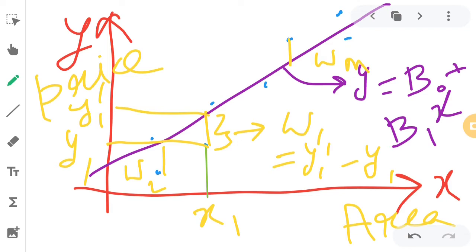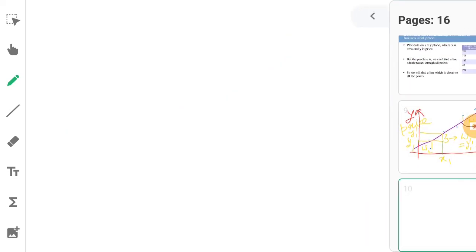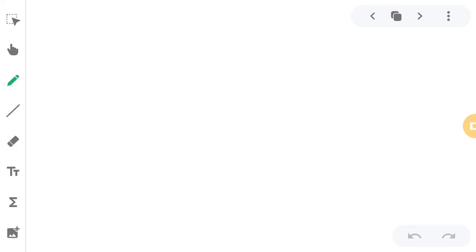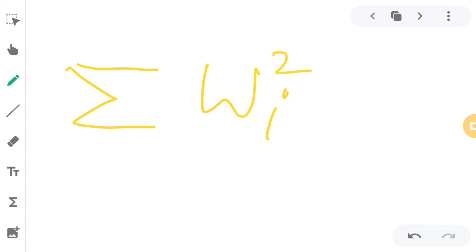So what we are doing here, we are taking the summation of every w square and we call it RSS, residual sum of squares. And we minimize this RSS value, because RSS is the sum of squares of the error of every data point.